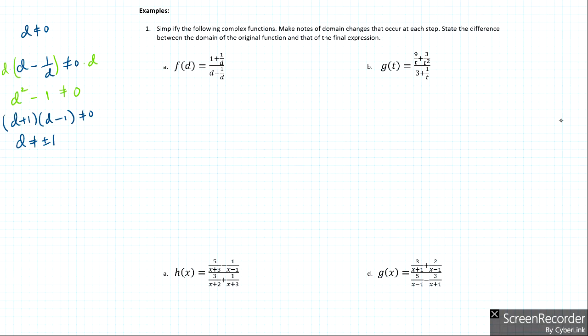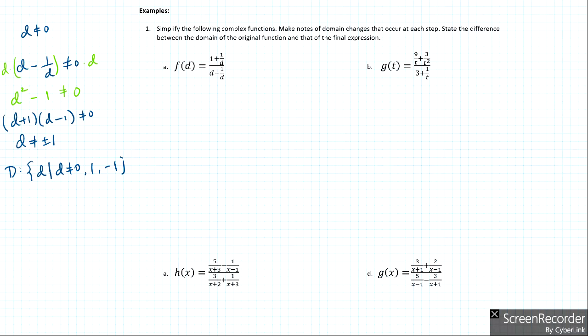Now that we have considered all the little denominator components, we know the overall restriction for the domain is d doesn't equal 0, 1, or negative 1. Once we have this, we can start thinking about how to simplify.